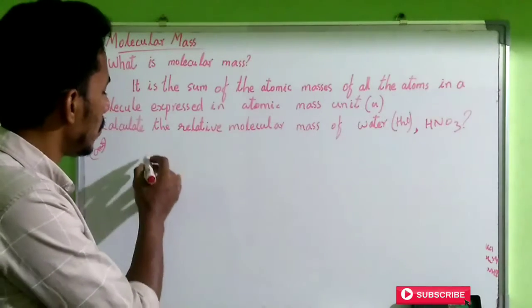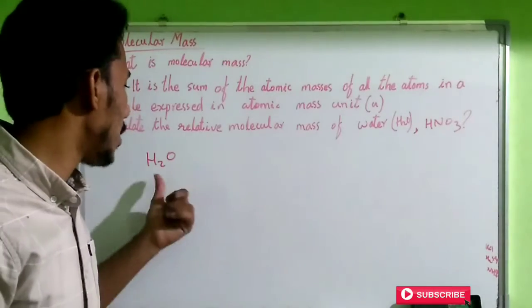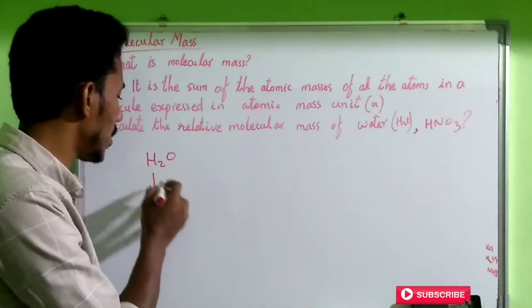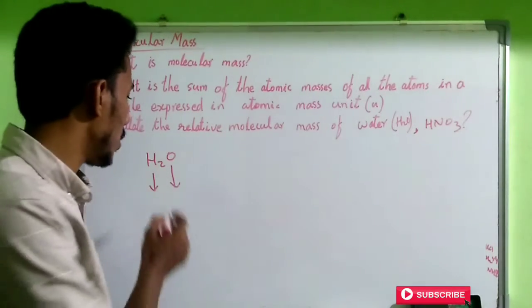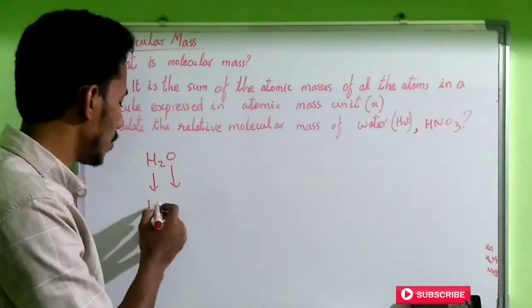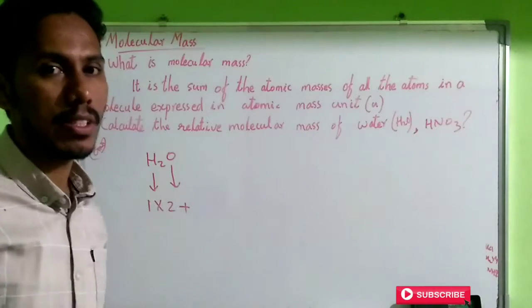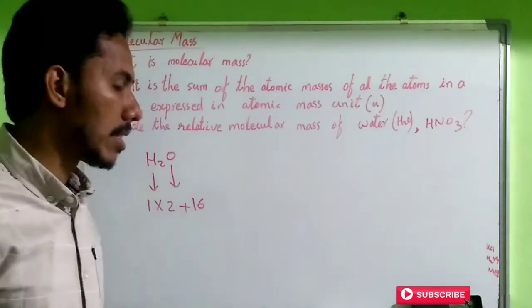First, find the molecular mass of H2O. What is the atomic mass of hydrogen? 1. So, 2 hydrogen atoms: 1 into 2, plus, what is the atomic mass of oxygen? 16.